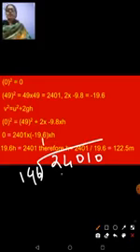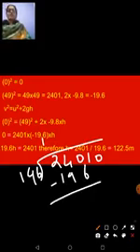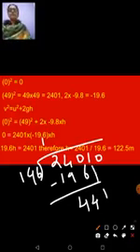So when I take 1, I get 196. When I subtract, here you have to borrow, you must be knowing all that. 10 minus 6 will give you 4. Here since you have borrowed 1 already, this has become 3. So now you have to borrow 1 from this 2. So 13 minus 9 will give you 4. So 44 is lesser than 196. So I have to bring this 1 down. So now it becomes 441.